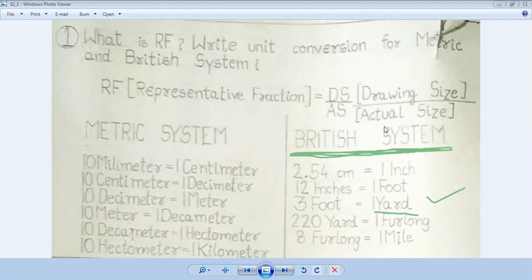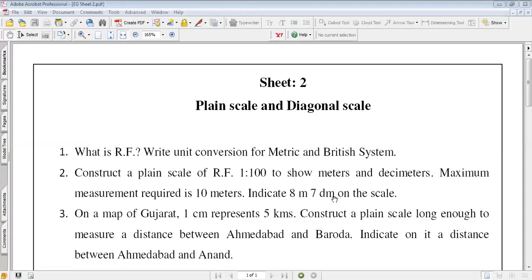This is the first problem. You need to write this information as problem number one. Now, what is the second one that we will see? Read it.